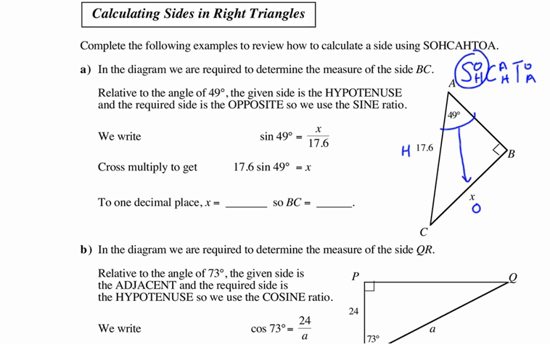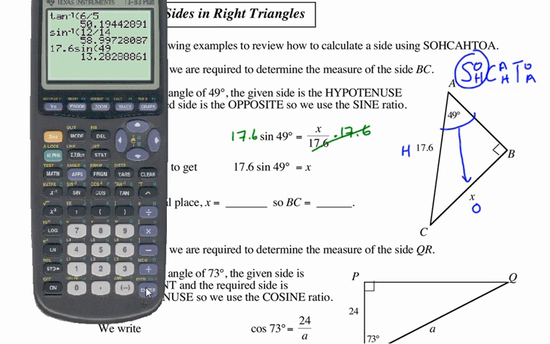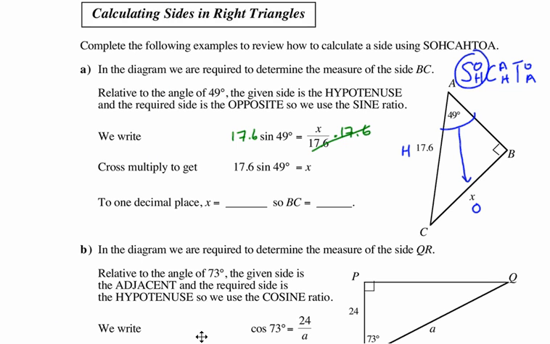Sine of our angle, 49, equals opposite of x over hypotenuse, 17.6. Then we want x by itself, so we multiply both sides by 17.6, and then we get x by itself. So plugging it into your calculator, 17.6 times sine of our angle gives you, to the nearest 10th, 13.3. So our side BC is 13.3.